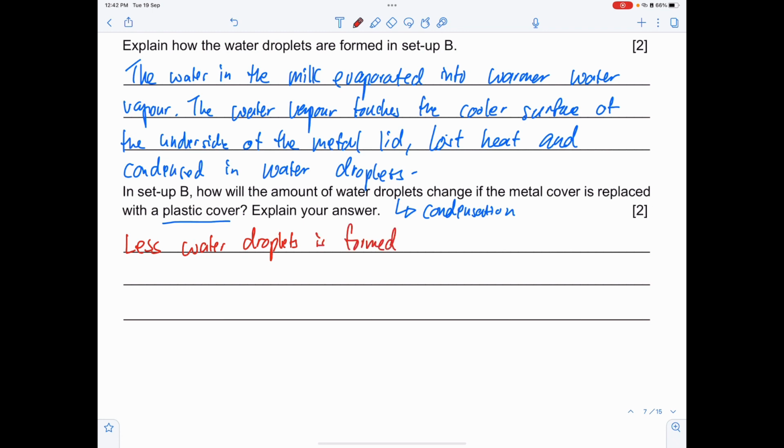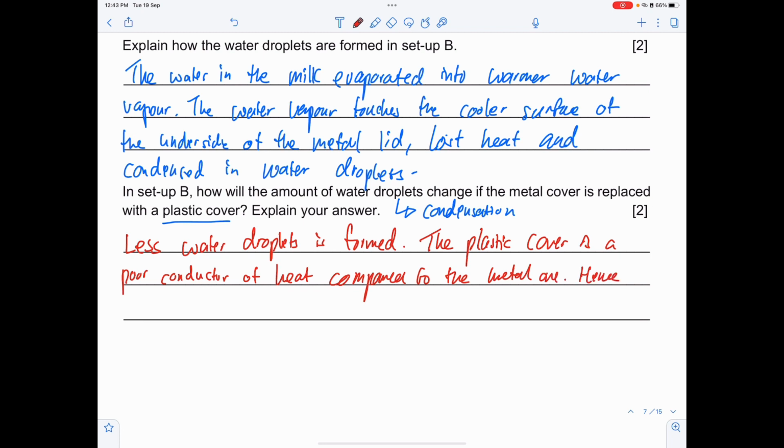Okay, why? The plastic cover is a poor conductor of heat compared to the metal one.